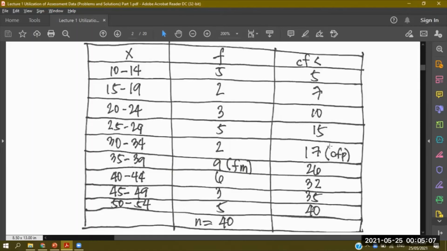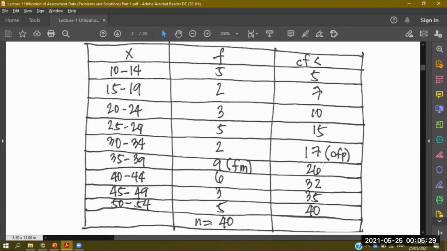Therefore, the value of CFP is 17. Okay. Dahil nakita na natin yung CFP na 17, let's follow everything. So, meaning to say, nakita na natin, CFP is 17. So we have to write CFP is equal to 17.